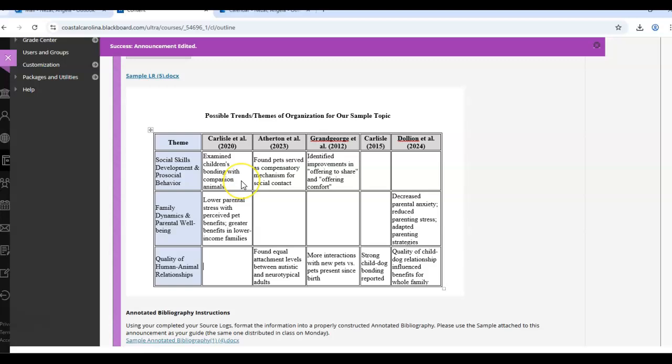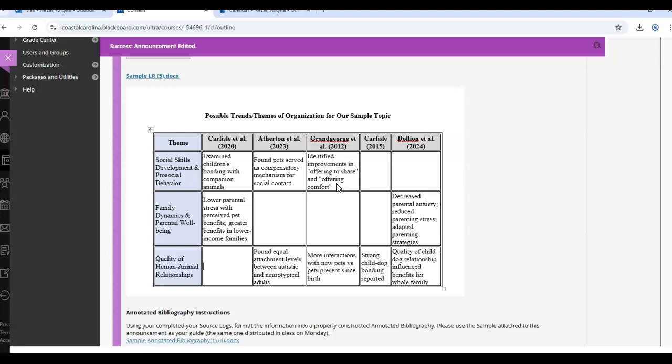One of them looked at children's bonding with companion animals. Another article saw that the pets served as maybe surrogate social interaction sources, and one of the articles saw that the service animals helped people with autism in terms of having them comfort other living creatures.